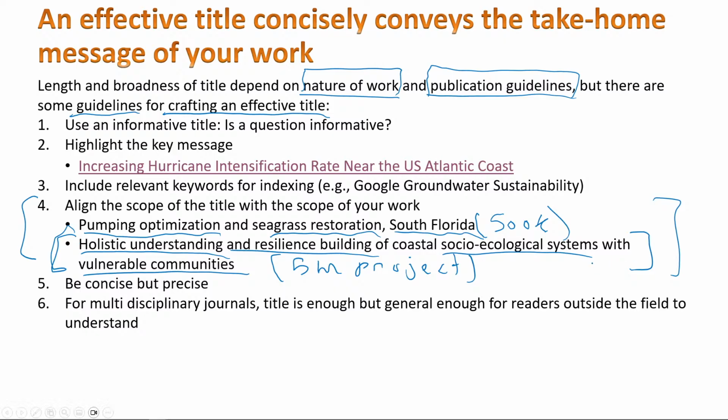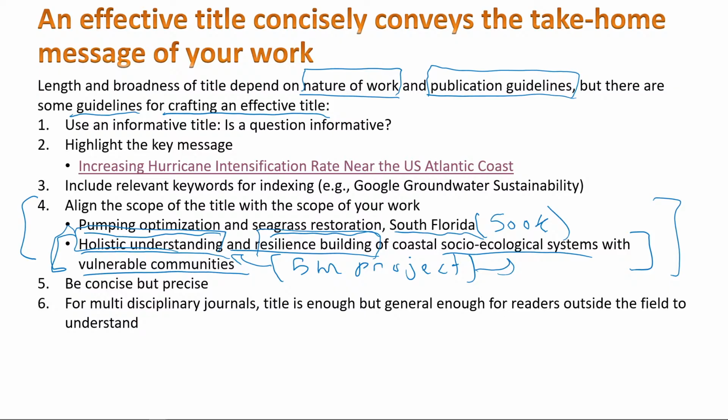We are precise because we will address socio-ecological system, we are focusing on resiliency building, and we are developing a holistic understanding. So we are concise, and this aligns with the project that we have. Okay. So be concise but precise.